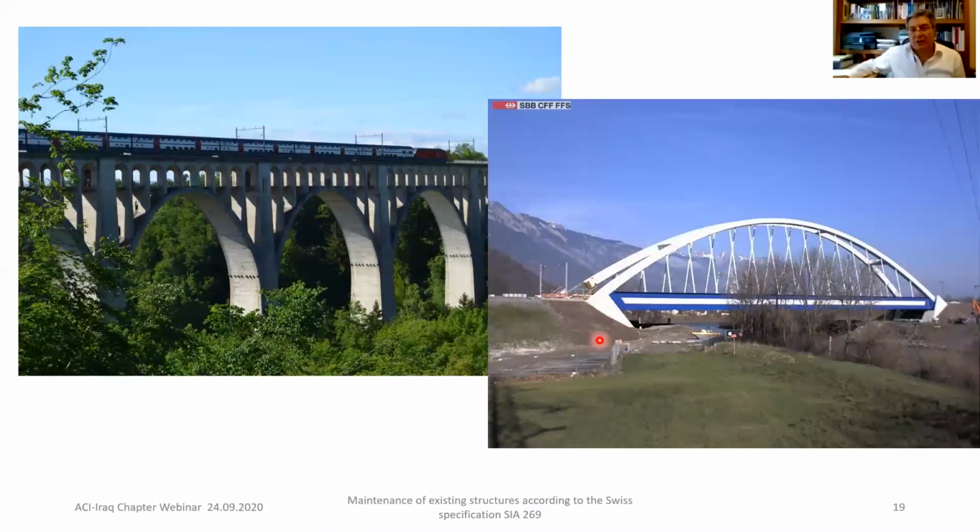We have new bridges and old bridges, such as this one in Freiburg. It was the viaduct of Gantfe, constructed in 1827, and this one, the latest bridge, about 90 meters, near Saint-Maurice, designed by BG Engineering.